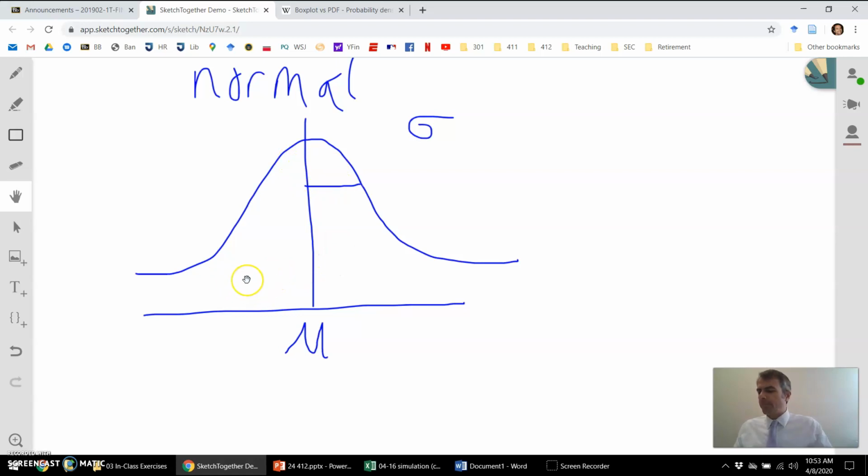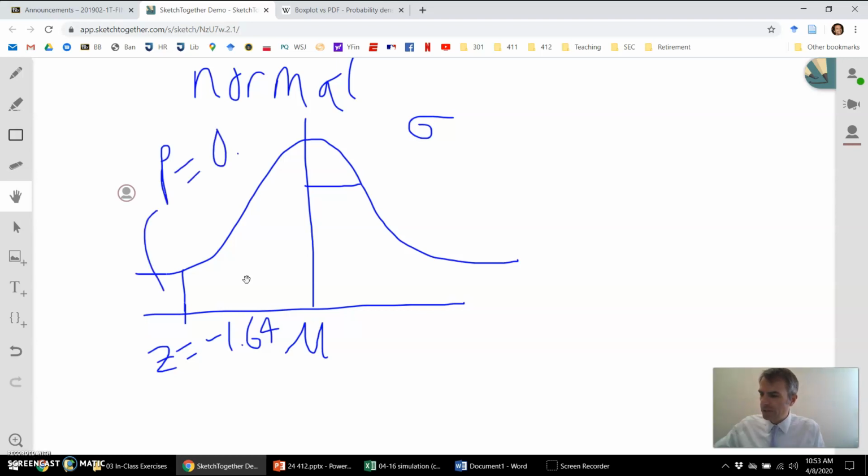And then suppose I do look at the tail of the distribution. Suppose this corresponds to 1.64 standard deviations below the mean, so that corresponds to a z-score of negative 1.64. We know the area under the curve to the left of z equals negative 1.64 is about 0.05.